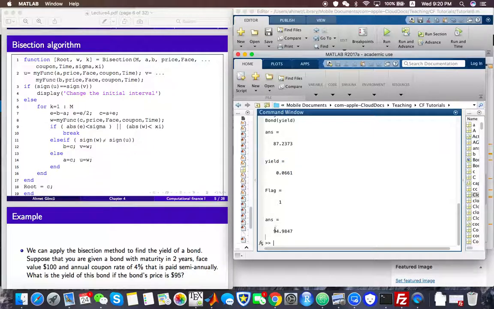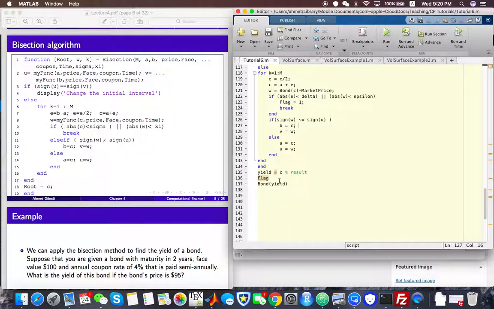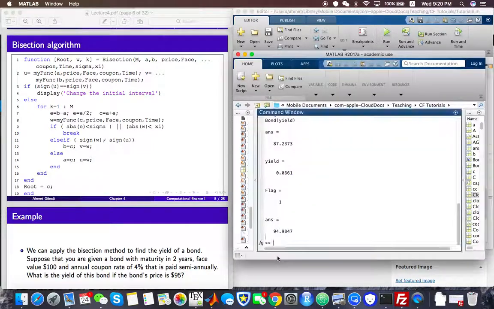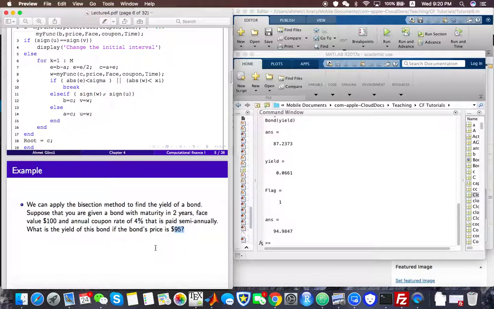And you can see that the price that we get by evaluating our cash flow with this yield is very close, 94.98, where the market price equals $95. So this is the yield of this bond, because we almost get the same market price once we apply this yield to the cash flow.